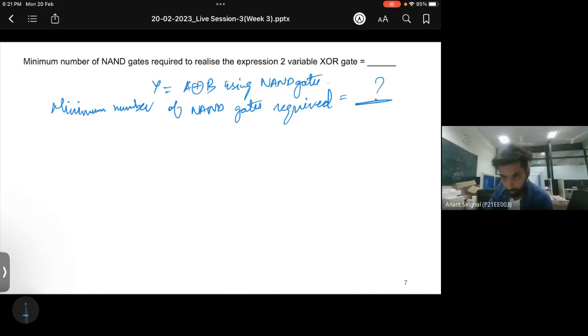Okay, I have four. So I've got two answers. They're saying four NAND gates.